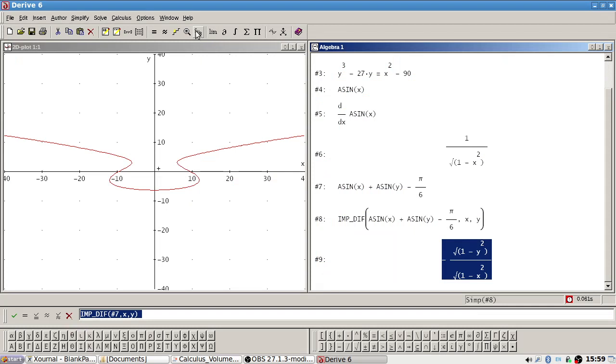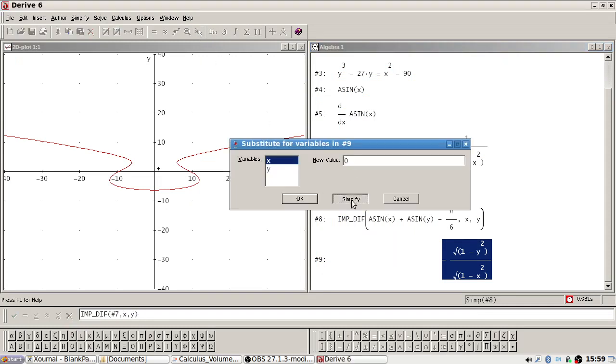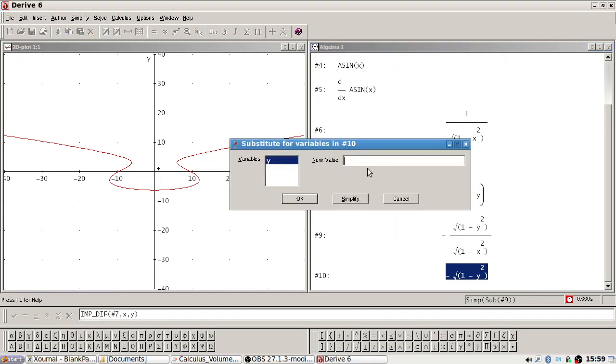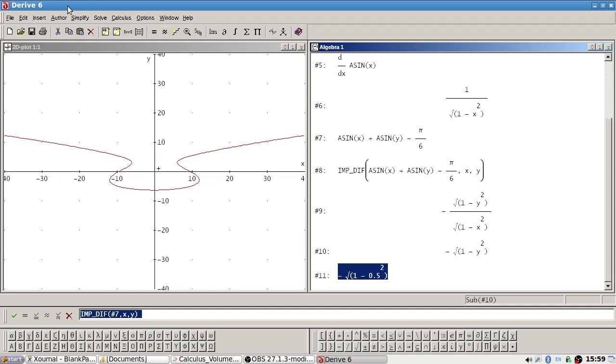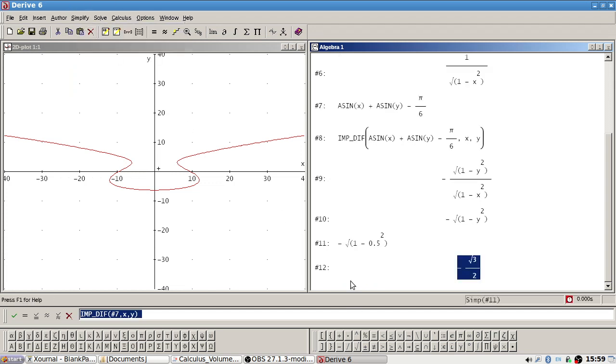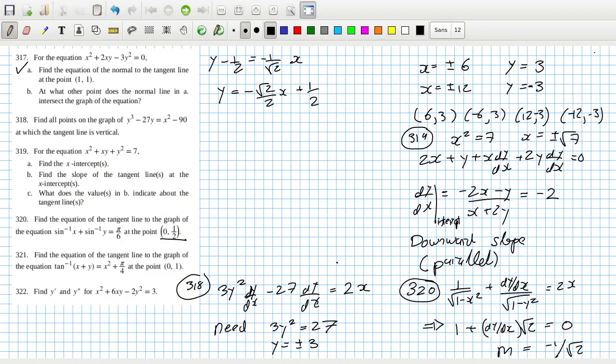Then it's 0.5, wasn't it? Oh, root 3 over 2. Oh, 1 minus a half squared. Checked. 1 minus a half squared is 1 minus a quarter, which is 3/4, which is 2 over root 3.